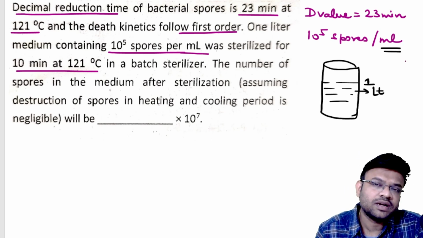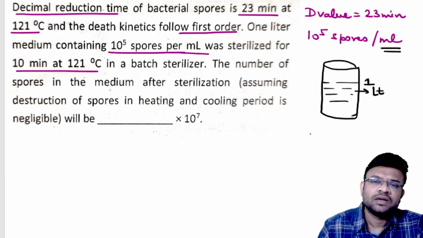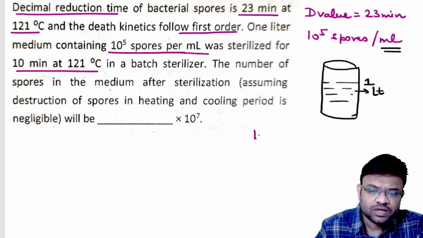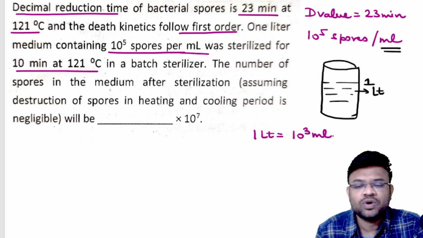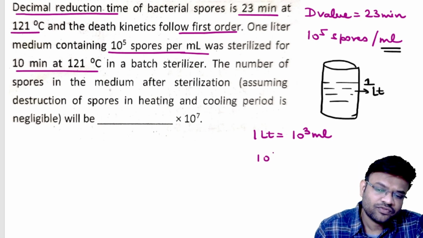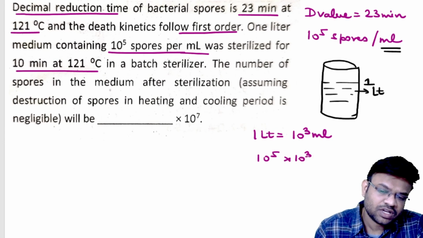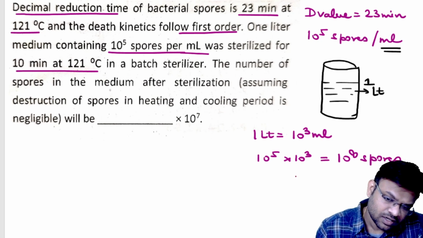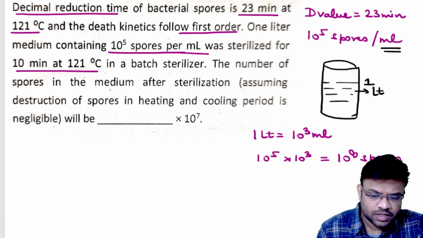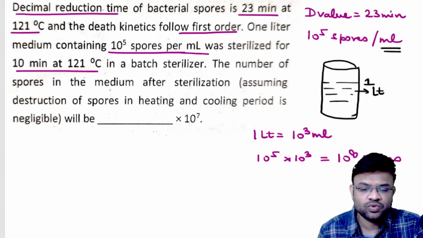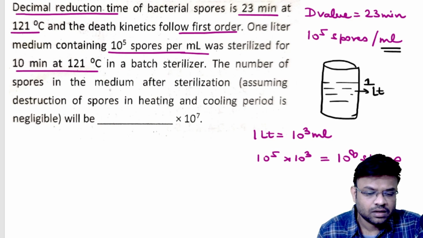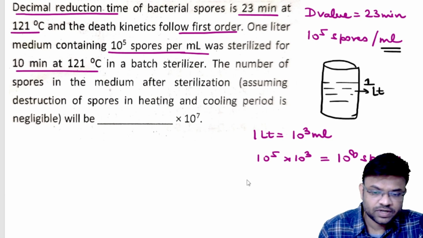So I will have to convert it into 1 liter. 1 liter would be equal to how many ml? 10 to the power 3 ml. So converting it to a per liter measure, 10 to the power 5 into 10 to the power 3 gives you 10 to the power 8 spores. I should write it over here because you might not be able to see it. Let me just transfer it over here.